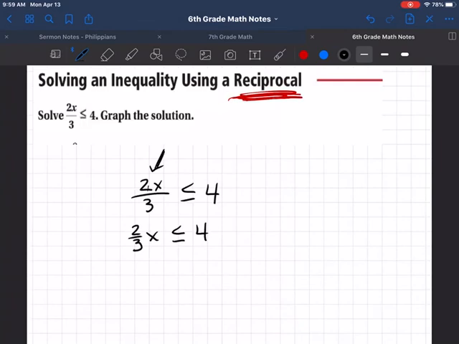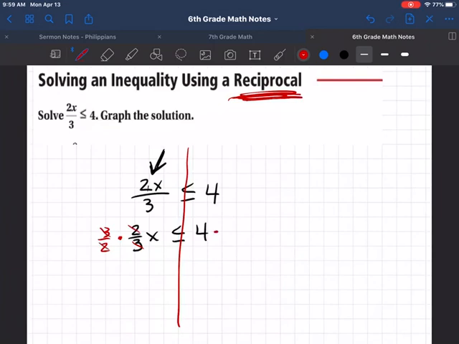So go ahead and rewrite it when you see something like this, okay? Where it's kind of combined, 2x's on top. Just go ahead and separate out the fraction, which is 2/3 times x, okay? That makes it easier. Now we're going to use the reciprocal to undo this left side and get the x by itself.